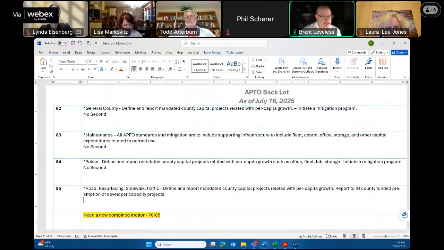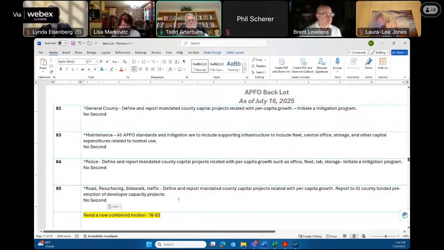And let me just say it in plain language. We need to have a running report of when the county is donating road improvements just prior to a development coming in, rather than accepting the mitigation from the developer. Any second? Next item.